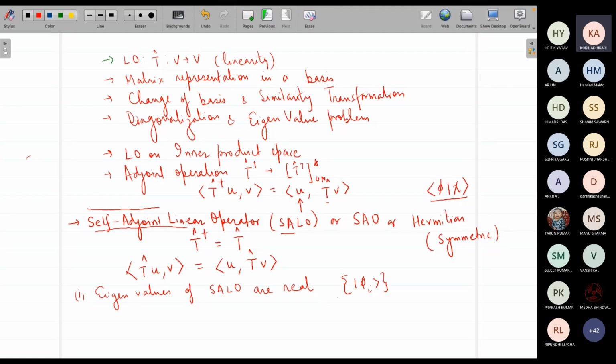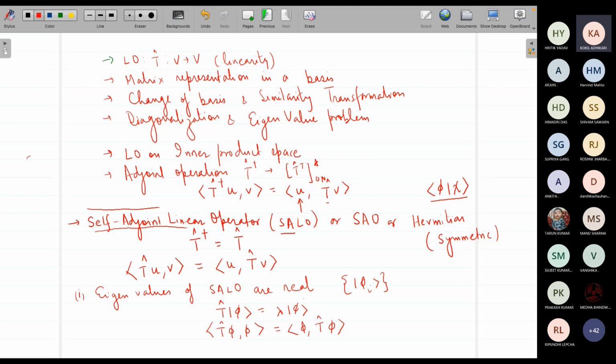Since it's an eigenbasis, for any eigenvector, T phi is equal to lambda phi, as we wrote in our previous class. Now, since we are talking about the self-adjoint operator, in the definition we use the same vector on both sides, so either u or v, anything.